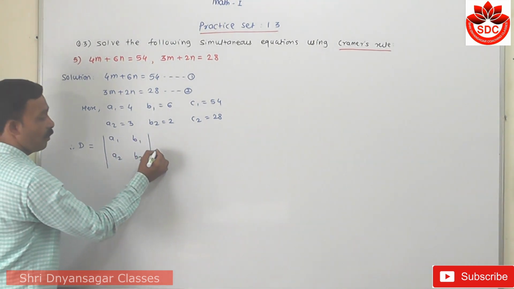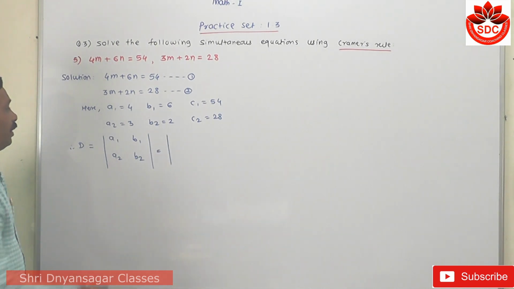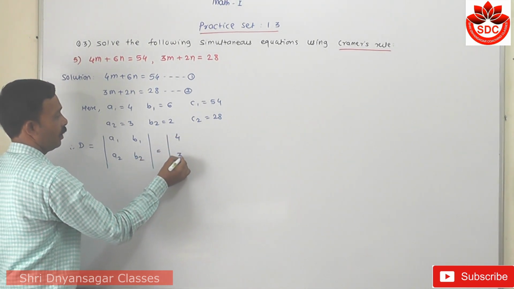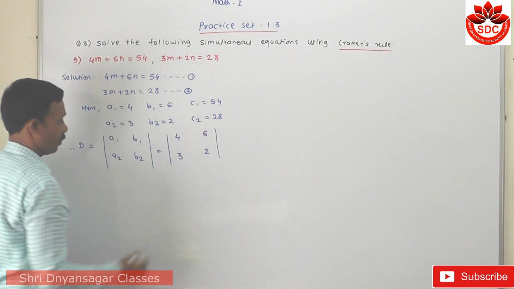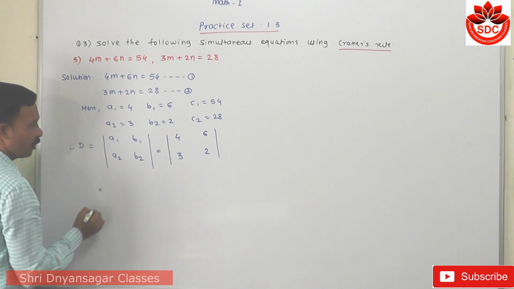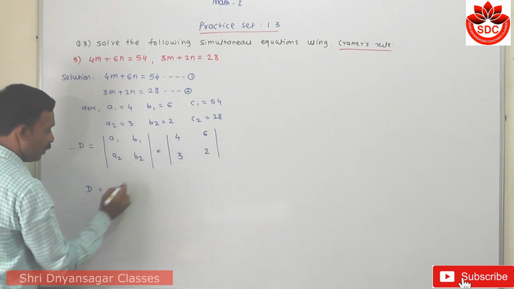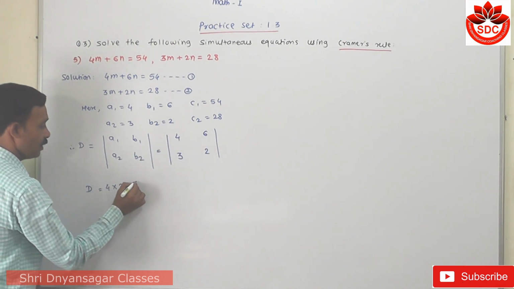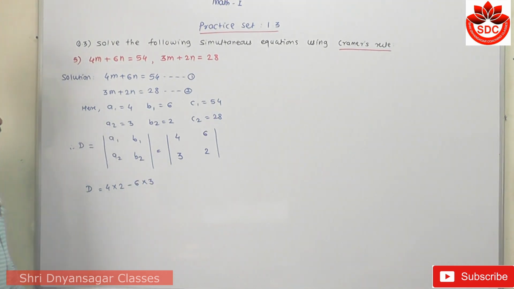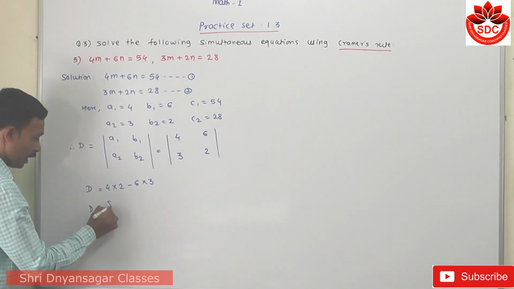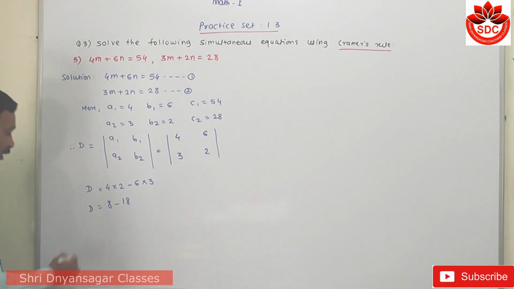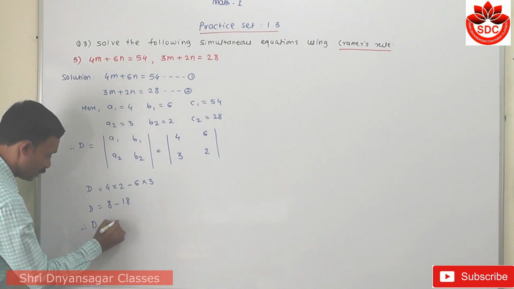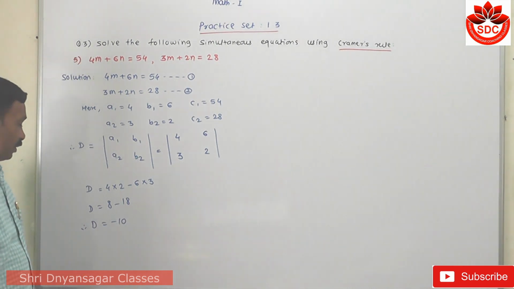We substitute the values: a1 is 4, a2 is 3, b1 is 6 and b2 is 2. We find the product of 4 and 2 minus 6 and 3. Student, the product is 8, minus 6 times 3, which is 18. Then the subtraction gives D is equal to minus 10. This is the value of the determinant D.